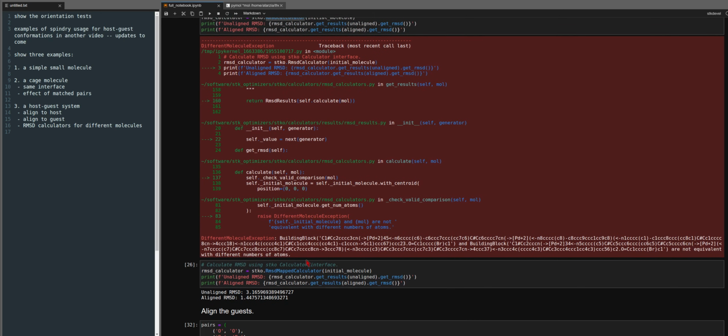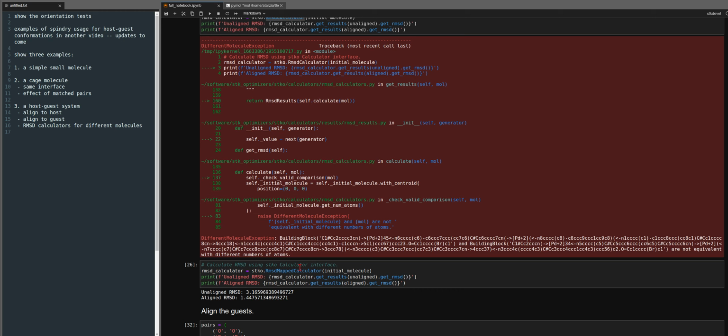So I also wrote the RMSD mapped calculator, where, similar to the alignment potential function, it calculates the RMSD of one atom based on the nearest atom of the same element type. So it's not exactly clear when you're running it which atom is being used in the RMSD, but it'll always be the nearest of the same element type.